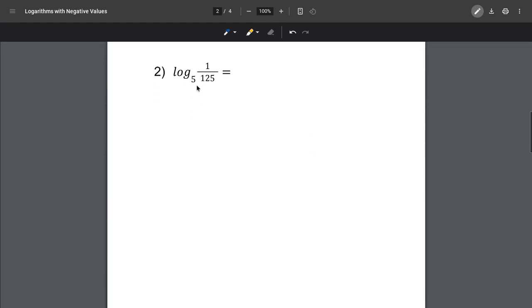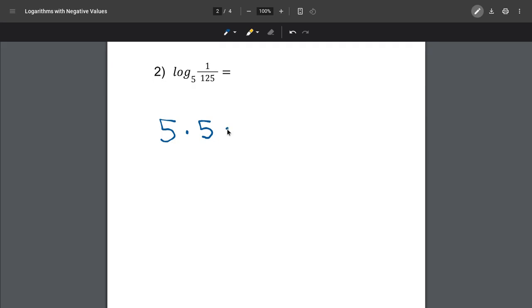Let's look at log base 5 of 125. What I would encourage my students to do, or if you're a student watching this, is think of how many times I multiply 5 by itself to get 125. So 5 times 5, that's 2 fives, which multiplies to 25.